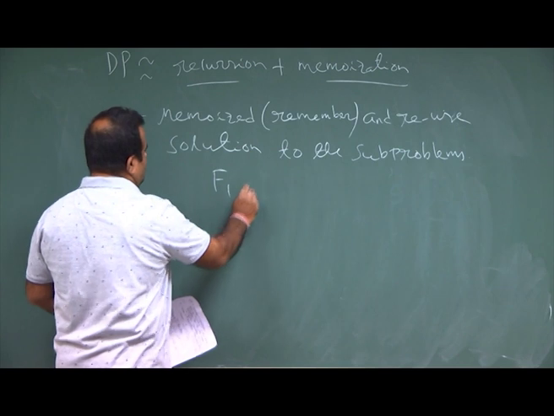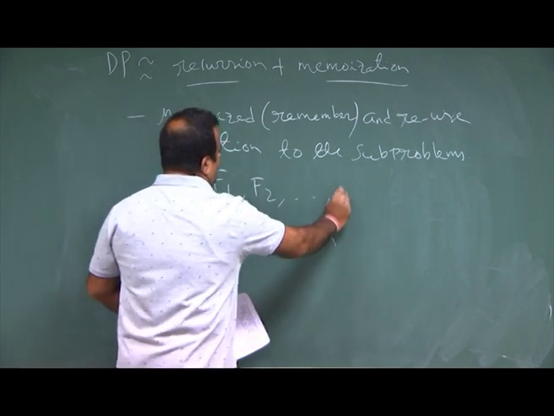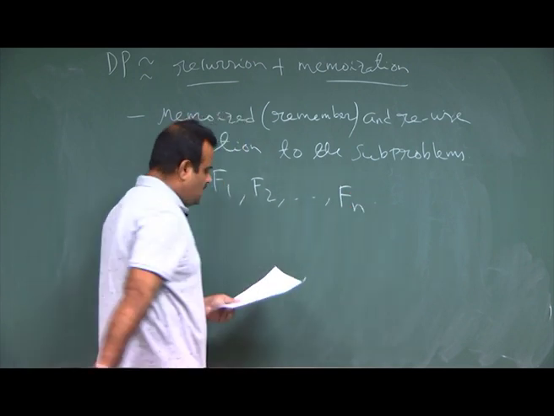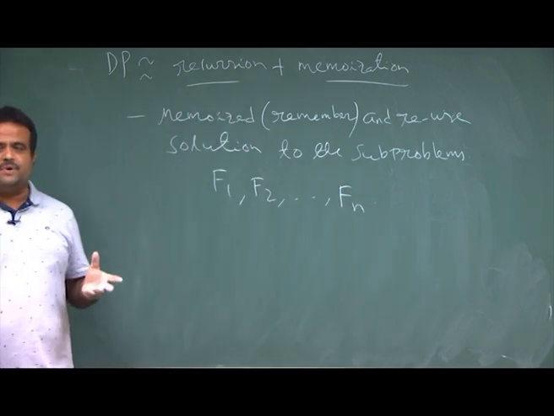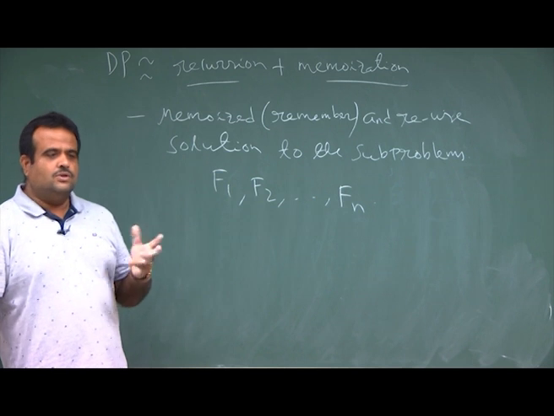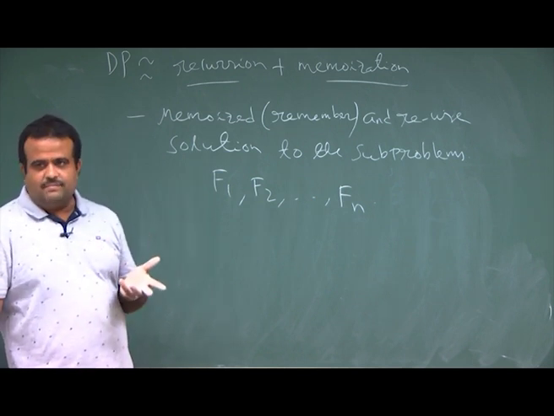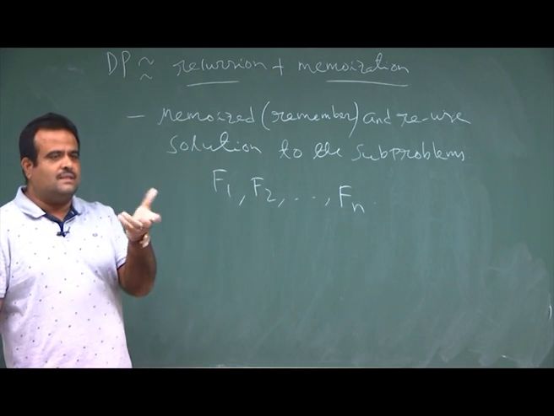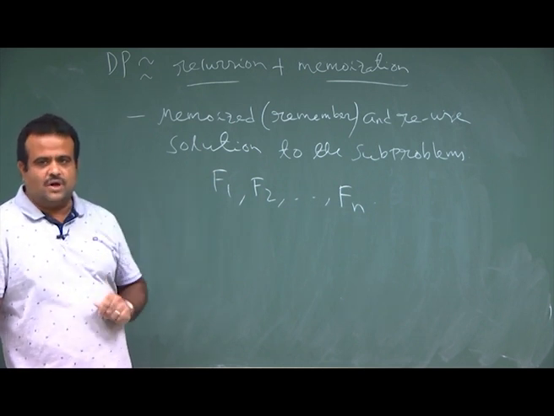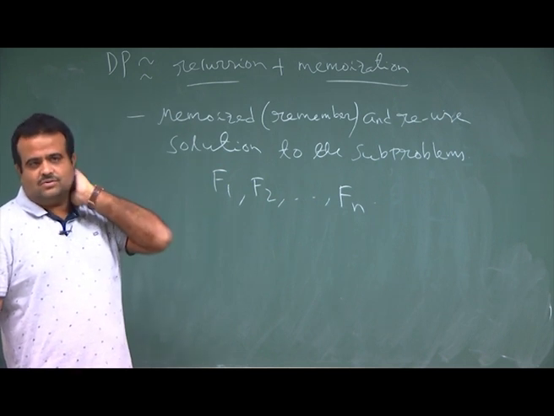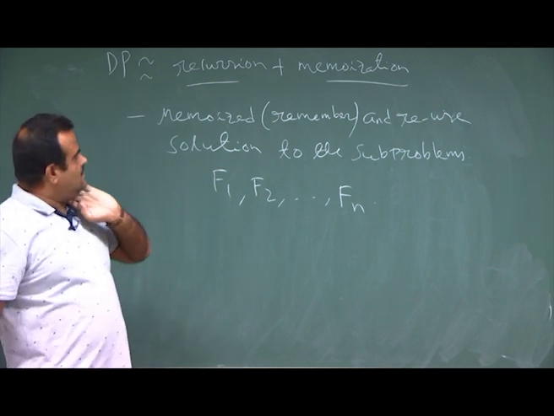These are basically f1, f2 up to fn. So, there are n sub problems, and to solve each sub problem it takes constant time, because we are just looking at the table and getting the value we are adding. So, theta of 1 time, and there are n sub problems. That is why it is theta of n. So, this is the linear time algorithm.